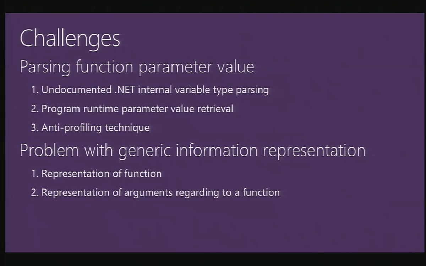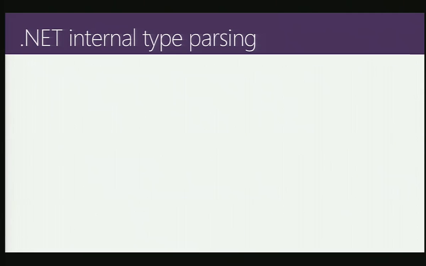It comes with these 5 issues that I had a really hard time with: undocumented .NET internal variable type parsing, program runtime parameter value retrieval, anti-profiling techniques, and the representation of a function and the arguments regarding a function. I will talk about these topics in detail in the following slides. First, let's start with undocumented internal type parsing.